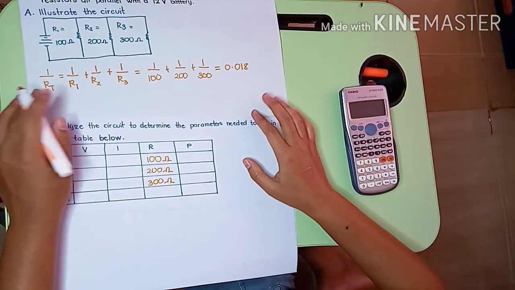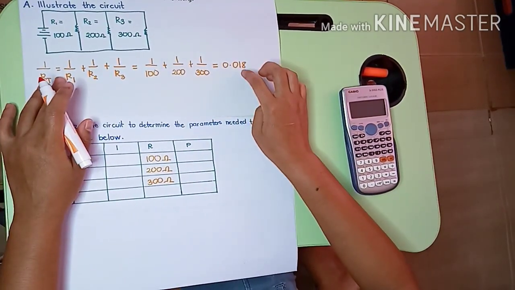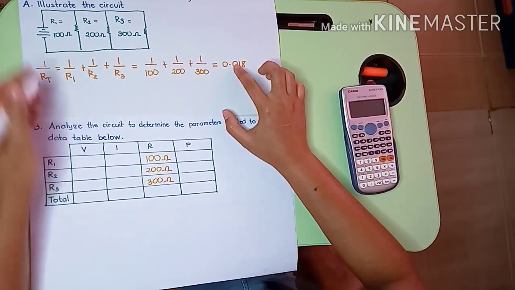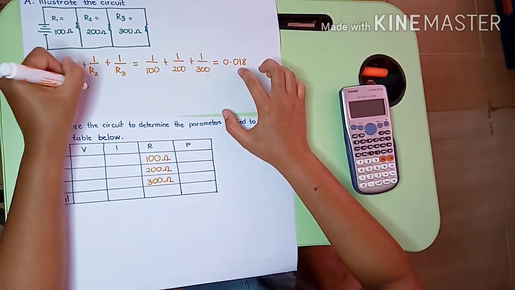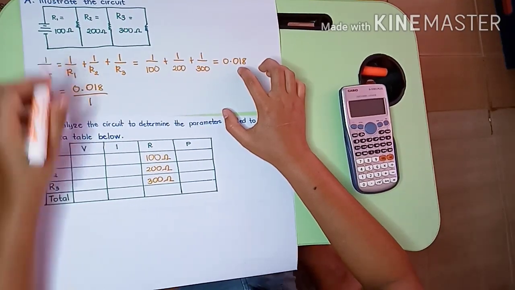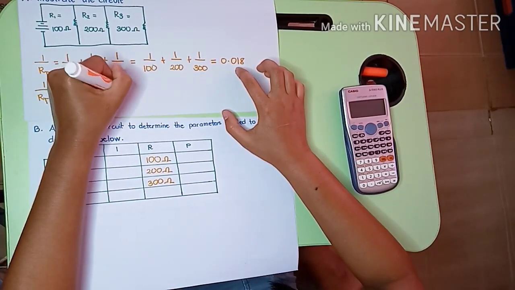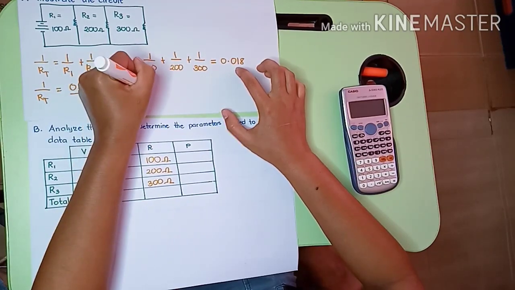We are not yet done, so we will use this formula: 1 over total resistance is equal to 0.018 over 1. After that, reciprocate it.